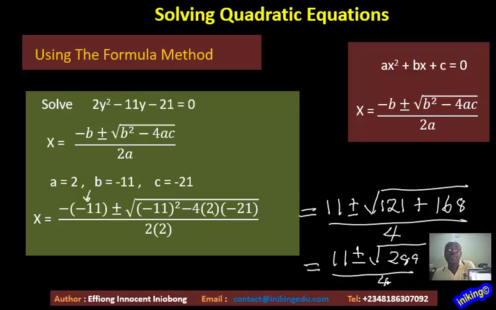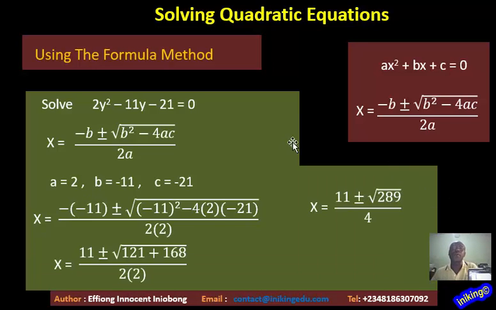Let's bring up our screen. Yes, there we are: 11 plus or minus the square root of 289, divided by 4. Since we have plus or minus here, it means plus the root of 289, which is 17, divided by 4.